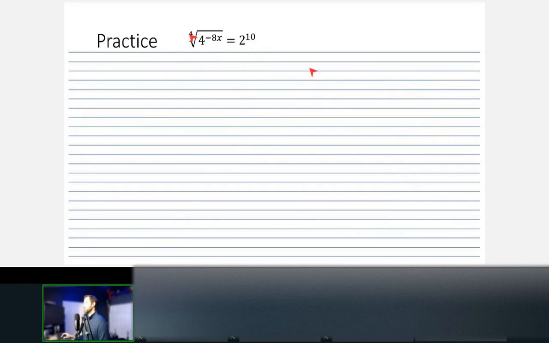all right. So this is the fourth root of 4 raised to the -8x power. How can I rewrite this radical as some number raised to a power? So let's start there. How can I rewrite this as 4 raised to some power?